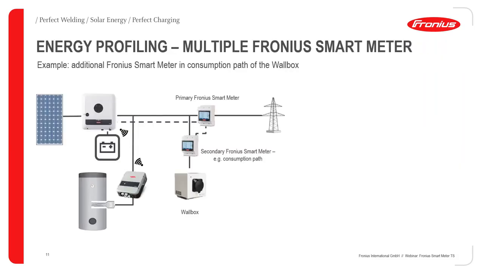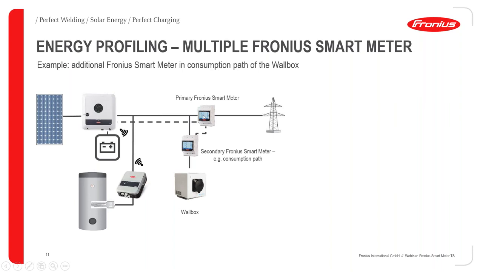Yeah, we initially talked about the energy profiling, which is actually the use of multiple Fronius Smart Meters in a system. And as an example, we have here a Gen24 inverter with a battery connected. We have a Fronius ohm pallet connected also for producing hot water with surplus energy. And for that, we need, of course, the primary smart meter.